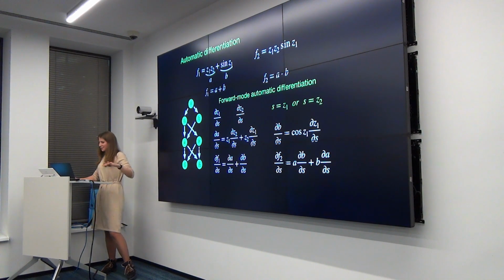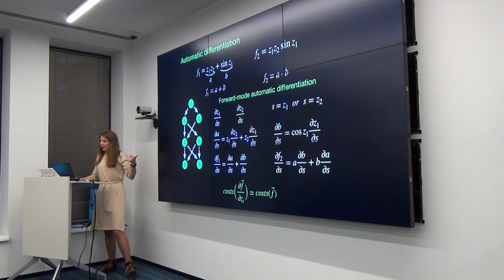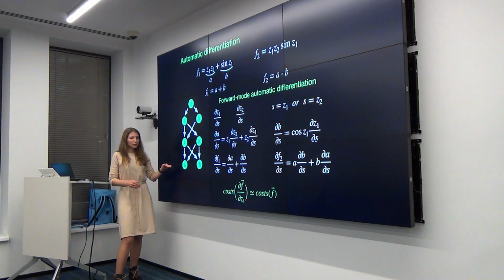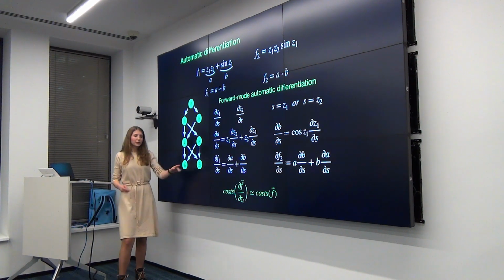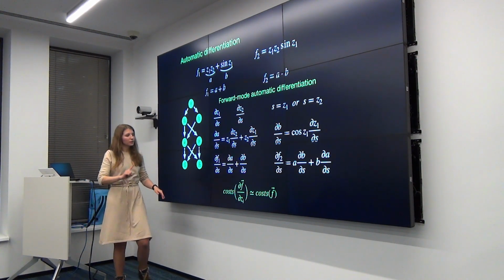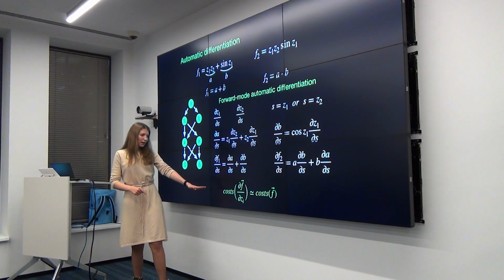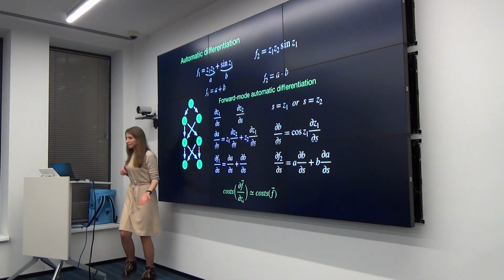We can set S to any component of our input, and through one pass we get derivatives of all components of the output with respect to one component of the input. So this costs the same as the forward pass.